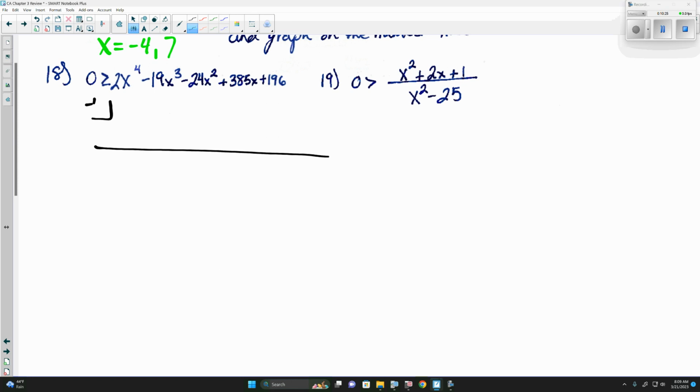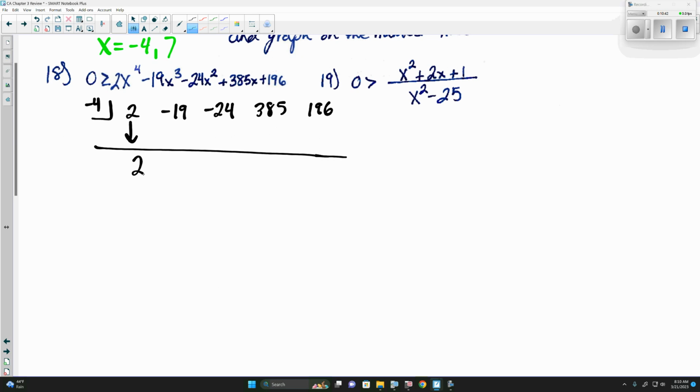Now I can pick any one of these to go with first, so I can say -4. Numbers across the top are going to be 2 for x to the 4th, -19 for x cubed, -24 for x squared, 385 for x, and 196. We can bring down the 2.